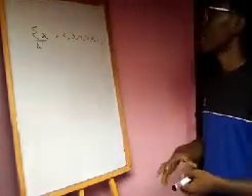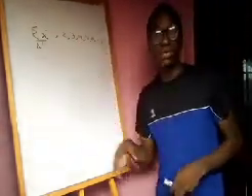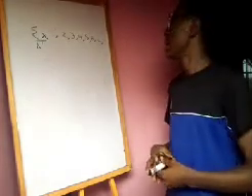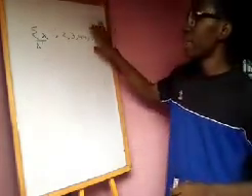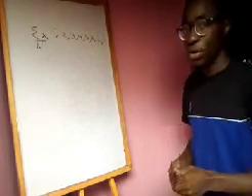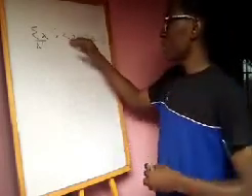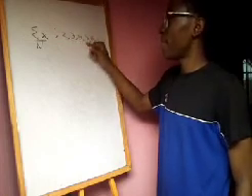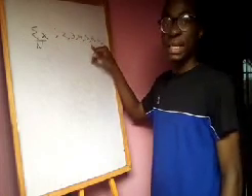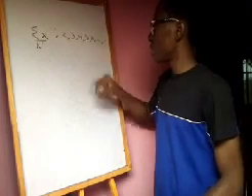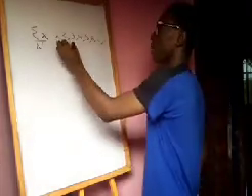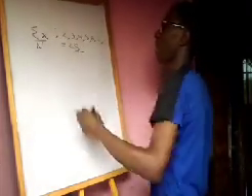Now I will be using this data to look for our mean. Our mean is basically we add everything and divide by the number of data. So what's the sum of the data? That would be 2 plus 3 is 5, 5 plus 4 is 9, 9 plus 5 is 14, 14 plus 6 is 20, 20 plus 2 is 22, 22 plus 6 is 28. That would be 28 over how many data do we have?